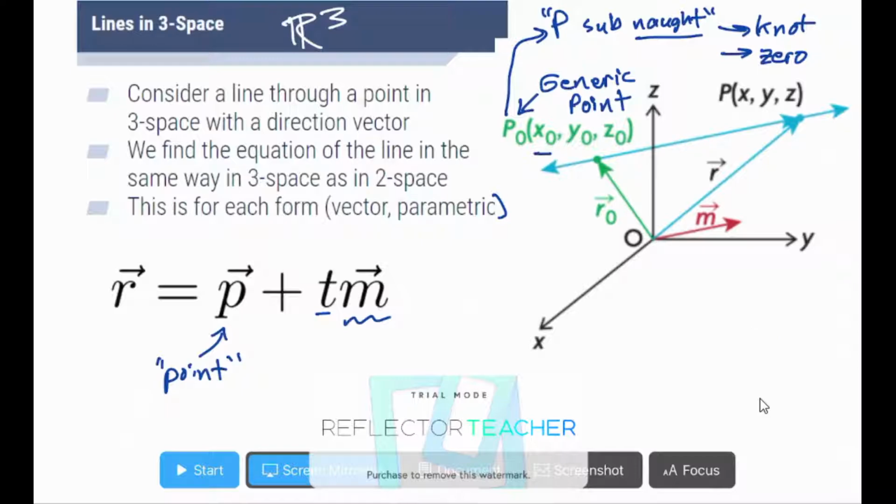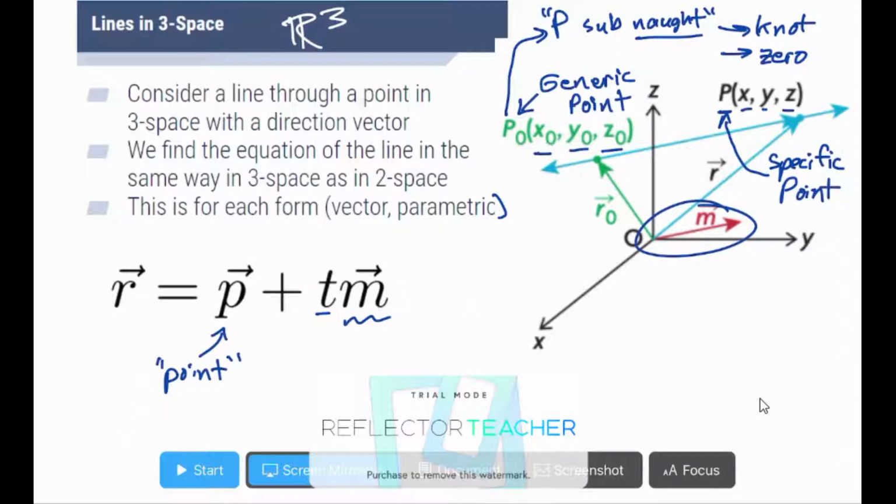We also indicate a specific point on our line somewhere here with P. So let's label that specific point. And its values are x, y, and z. And then we have our direction vector m.